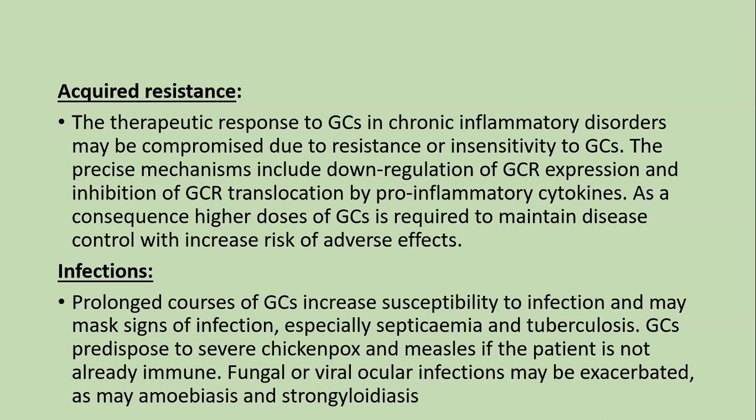As a consequence, a high dose of glucocorticoids is required to maintain disease control, with increased risk of adverse effects. So you never know which patient is having resistance to glucocorticoids. It is just by giving the glucocorticoids that you will come to know whether the patient is poorly responsive or well responsive.